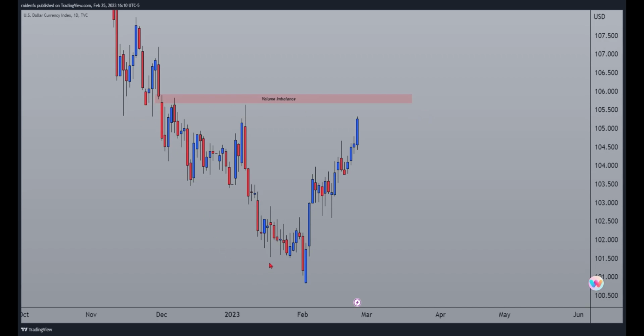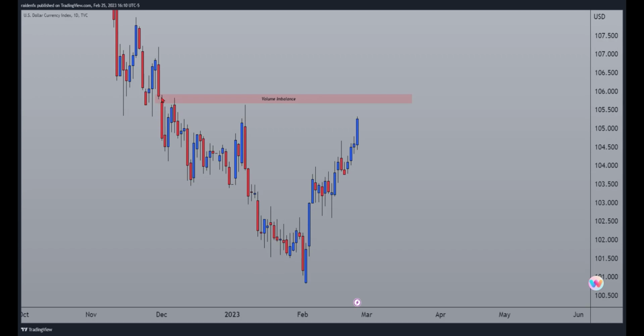All right, so I was watching one of the ICT videos and he pointed out how the dollar index is pretty much bullish, and then he anticipates the price comes here into around this 105, between 105.5 and the 106 whole level, where there is a volume imbalance. And what is that?